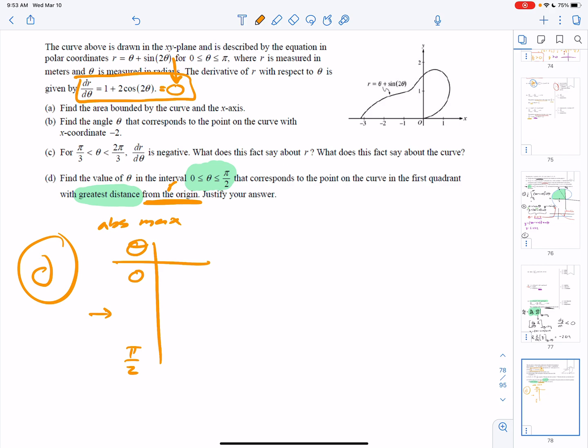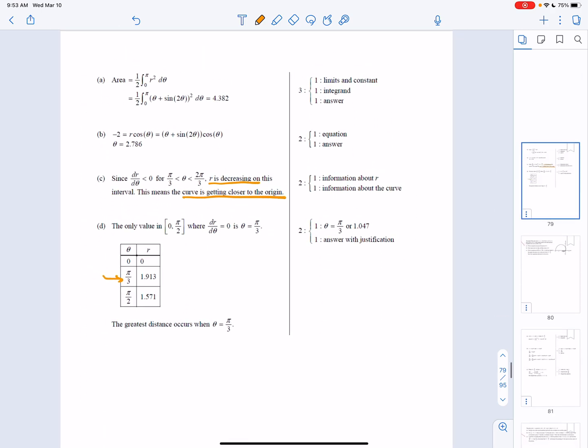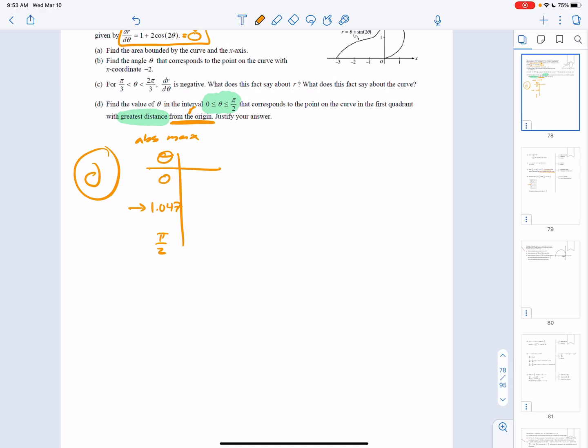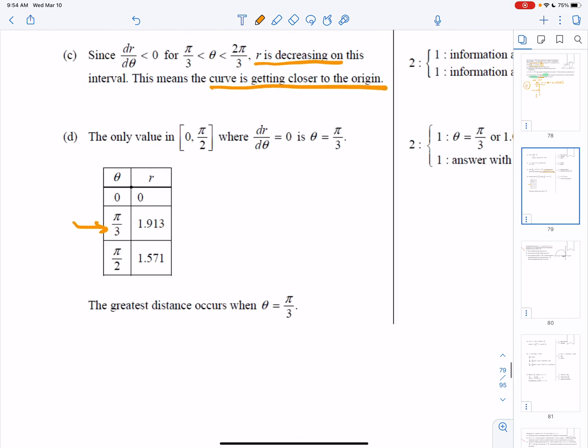It's looking like 1.047. That's what I got. Let me double check the table down here. Pi over 3, which is 1.047-ish, okay? So what we're going to do is try to find the furthest distance. So we're comparing it to r here, okay? There's a lot of plug and chug here, but basically you're plugging these 3 different values into r. And I'm just going to cheat a little bit here because I don't want to number crunch.